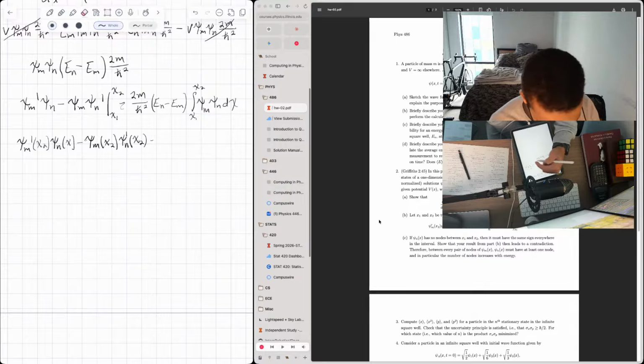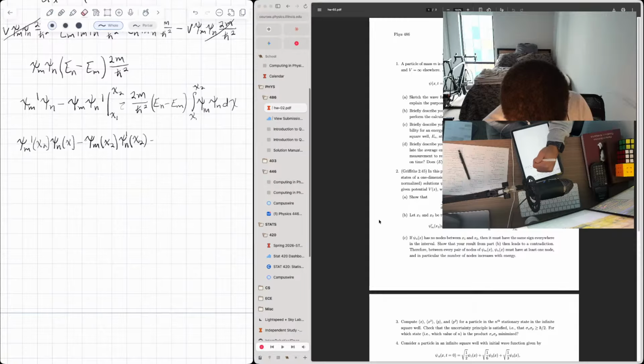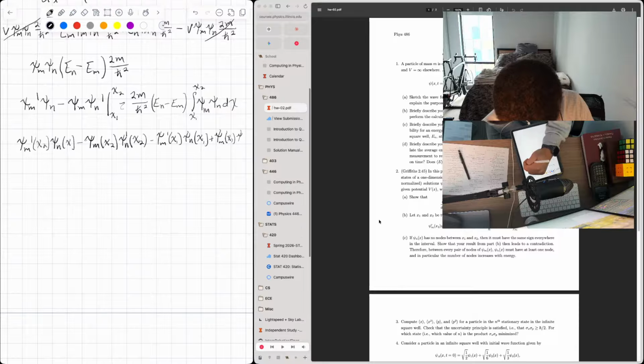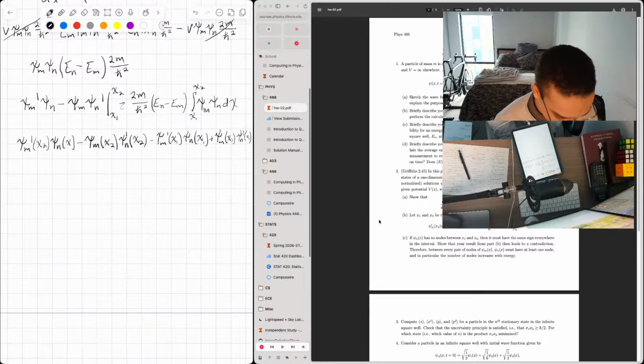We don't use orthogonality here, actually. Wait, actually, how are we not using orthogonality?